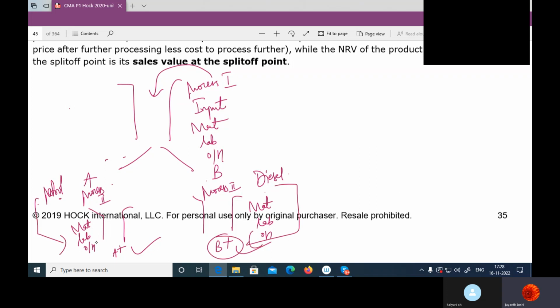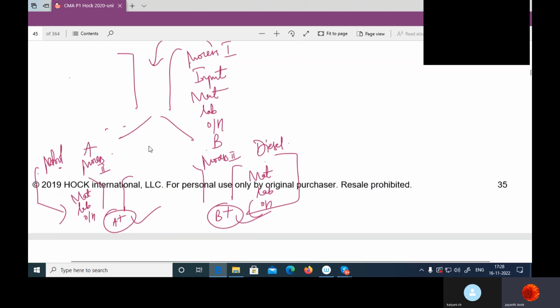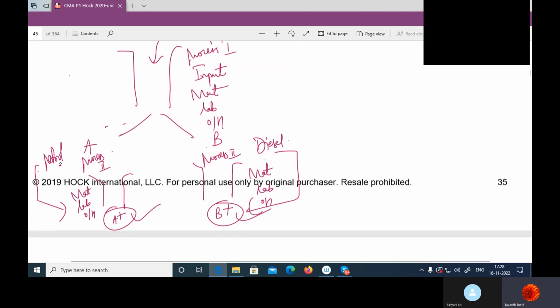So here you can easily find out the cost of this A plus and B plus. Why? You know the cost of the petrol. Do you know the cost of diesel? These two costs plus labor and overheads will give us the cost of these two products.